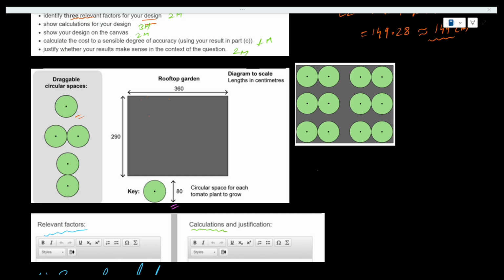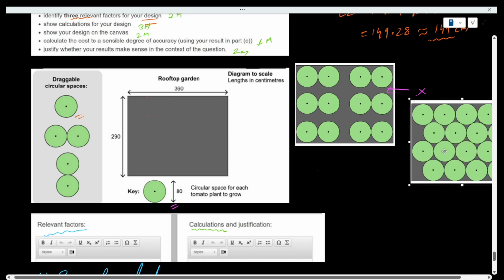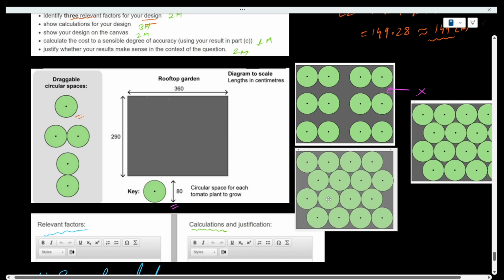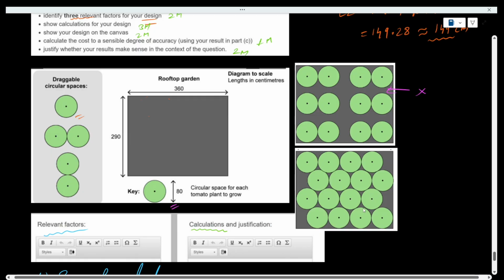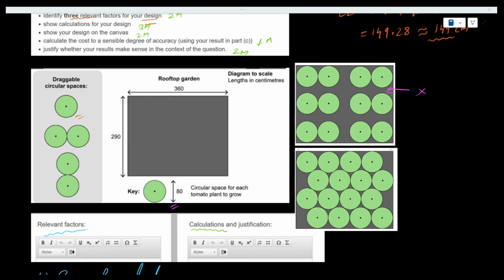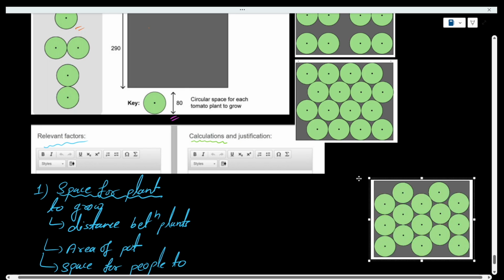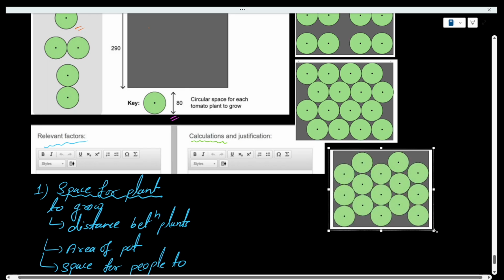You have to try to fit the maximum number of circles, because if you see the number of circles are more, that means you can plant more tomato plants in the available space.